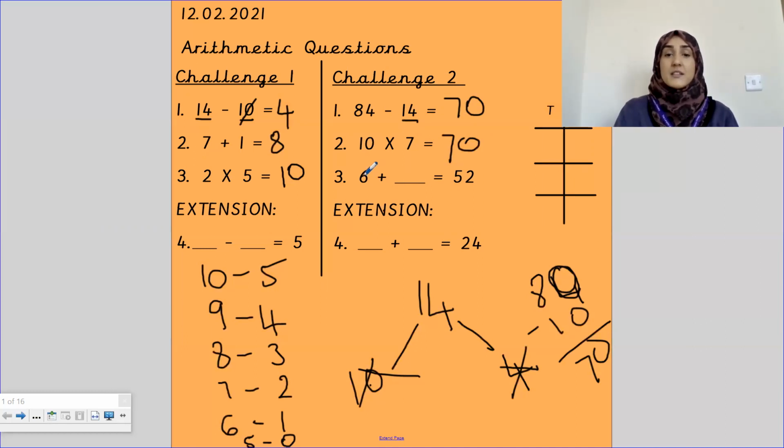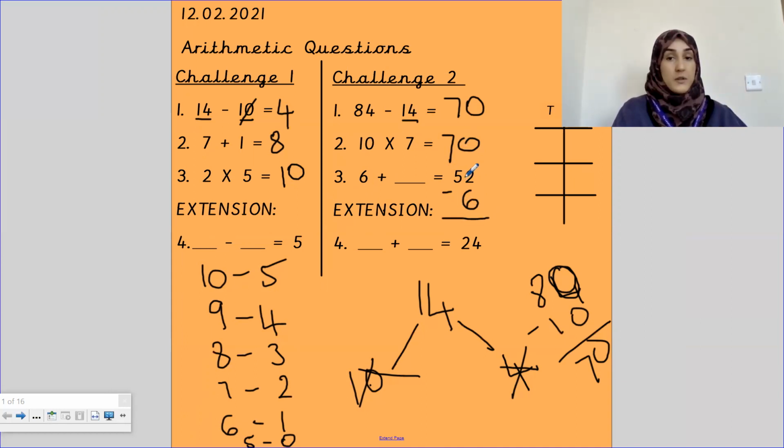Next we have 6 add something equals 52. Remember, we could either count forwards or backwards. If we count forwards from 6 all the way up to 52, we're going to be counting for quite a long time because there is a big difference between 6 and 52. So what we are actually going to do is take away. If we have 2, can we take 6 away?